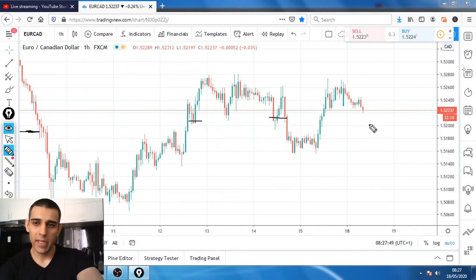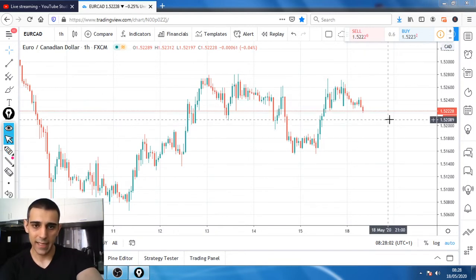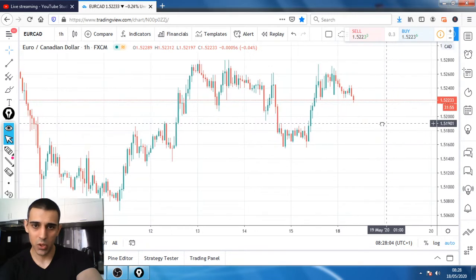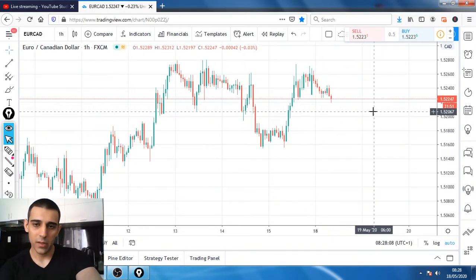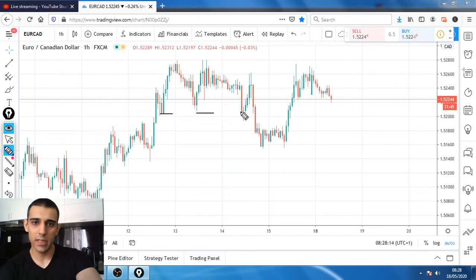I want to see the price coming down to this level, 52.05, and I do want to see a nice bearish candle. If the price does that, then I will be interested in taking the short trade. However, if it doesn't, then I will not be taking the trade on this one. So the price has to come down first to this level down here with a strong bearish close.